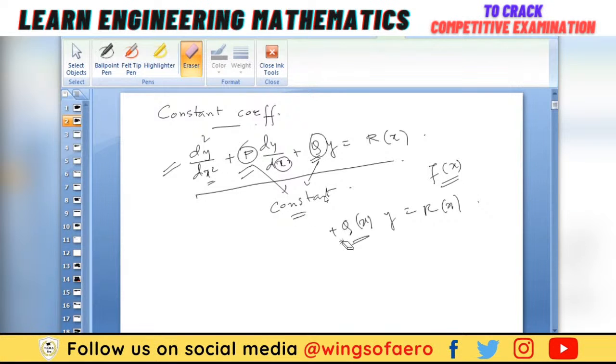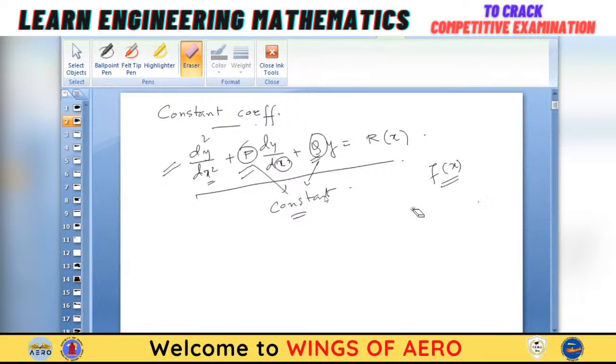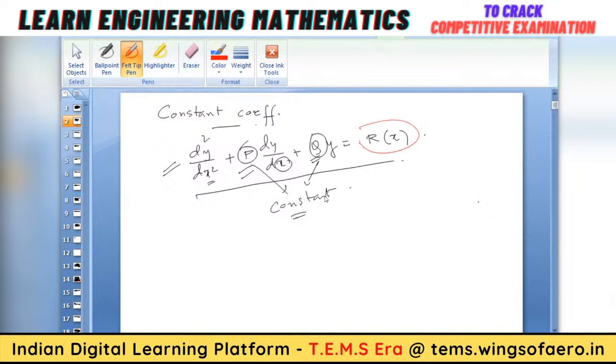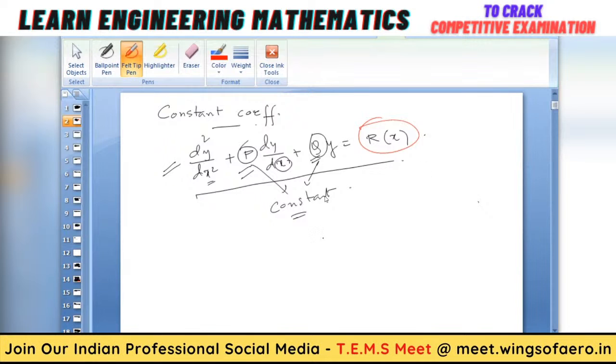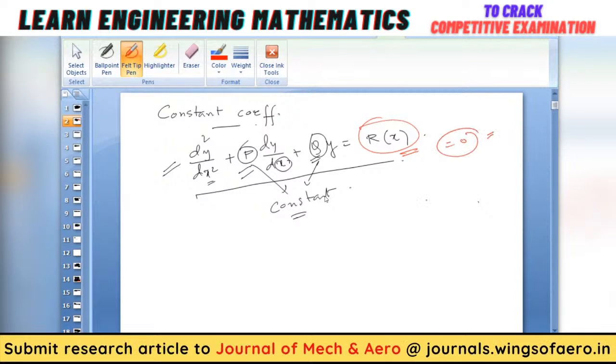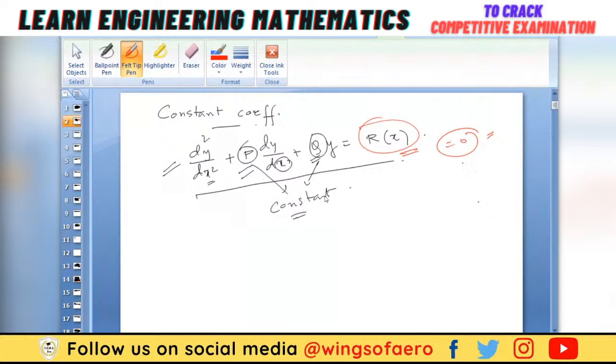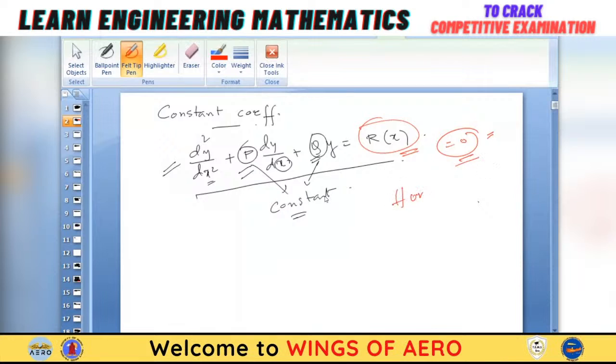Next, what is the necessity of the PI, or particular integral? So far we have learned about the right-hand side, R(x). In the equations we discussed yesterday, the right-hand side is equal to 0. If any differential equation, whether constant coefficient or variable coefficient, has the right-hand side equal to 0, it is called homogeneous.